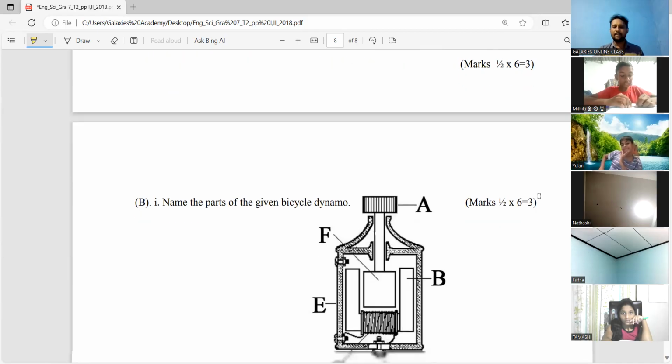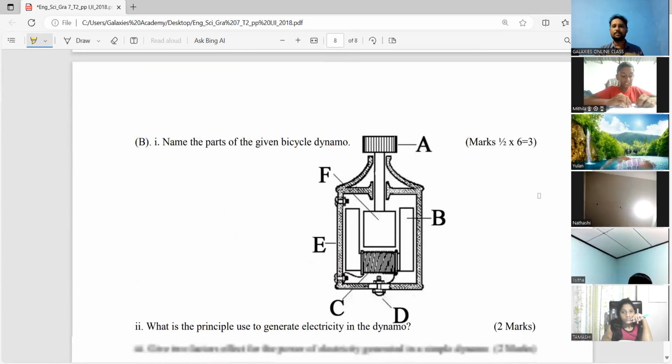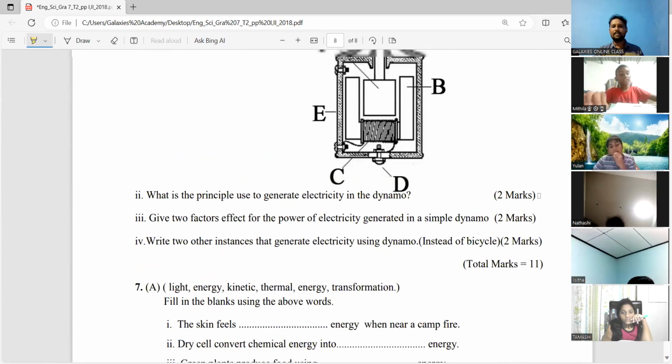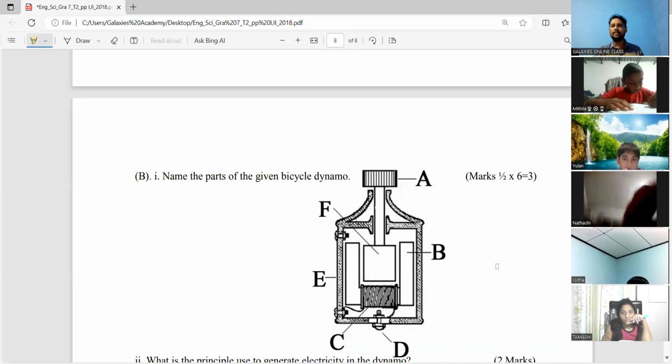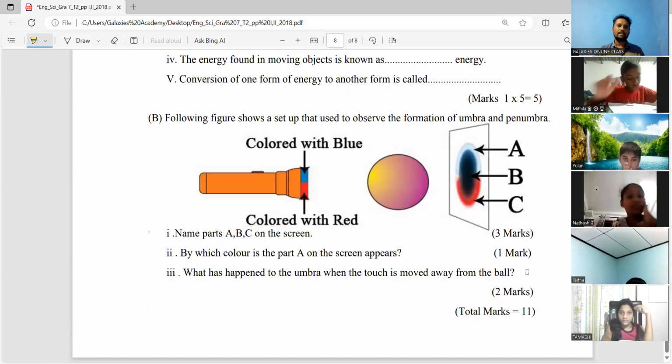Okay, next day we can continue the remaining part. මේවත් මතක් කරලා තියාගන්න. The parts of the dynamo.